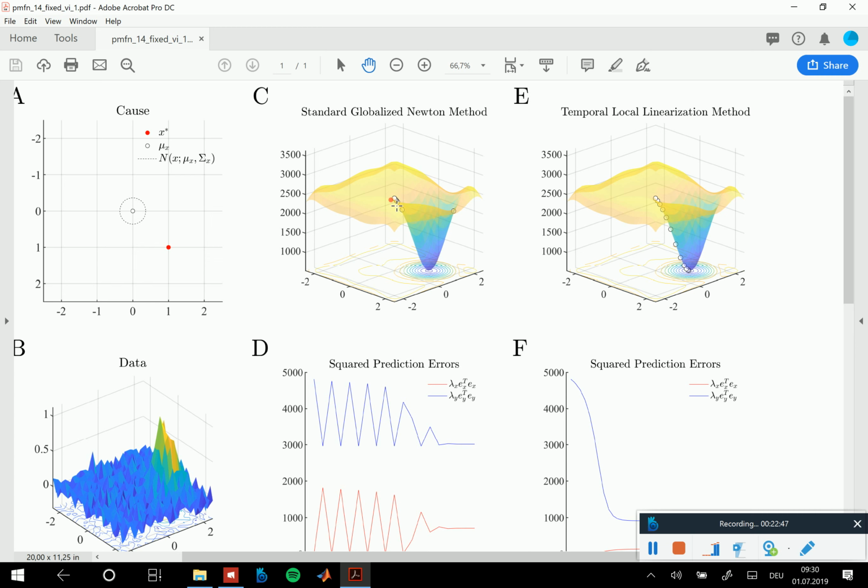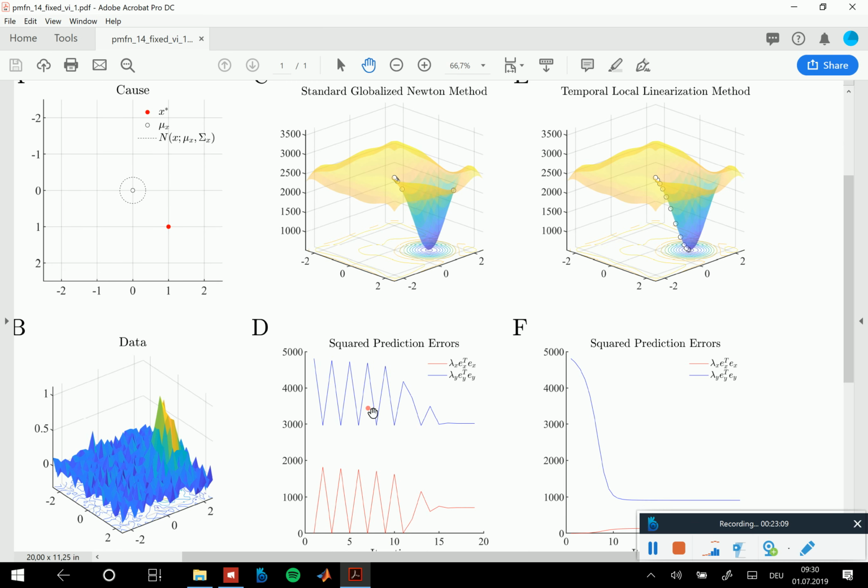So the initial variational expectation parameter is set to the prior one, and then these iterations of the algorithms that I told you about are happening, and what is shown here are the prediction errors.